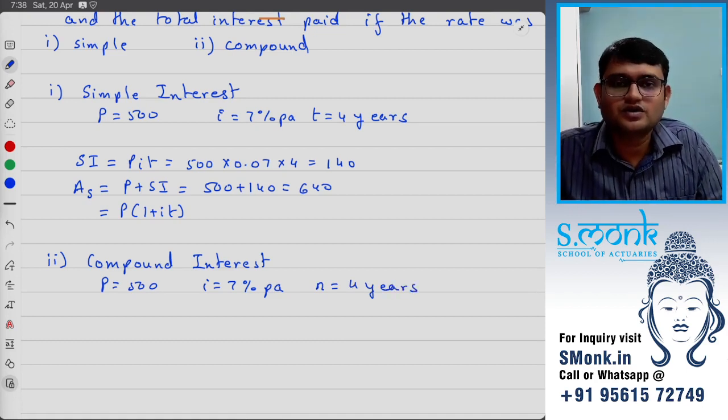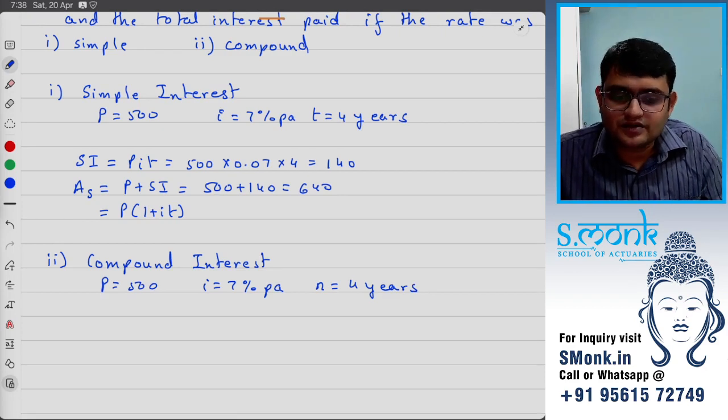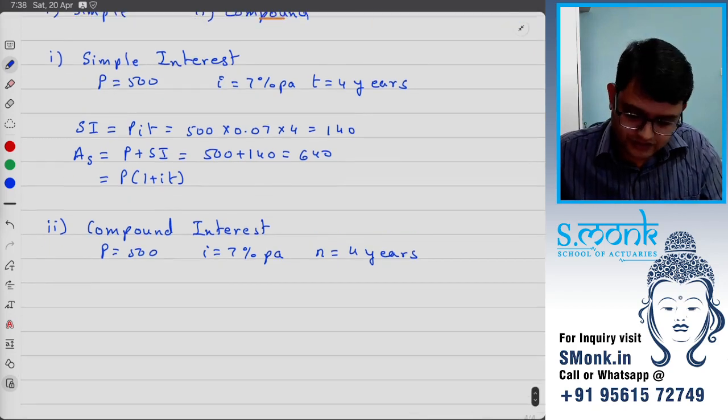So for compound interest, the rate of interest is given on a per annum basis and the number of years, or n, should be given as number of years.